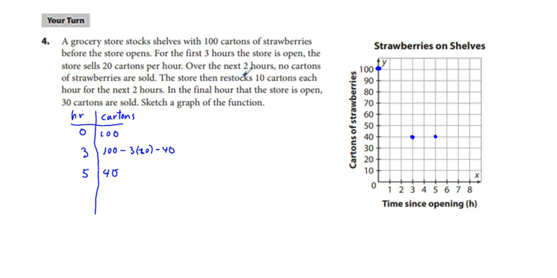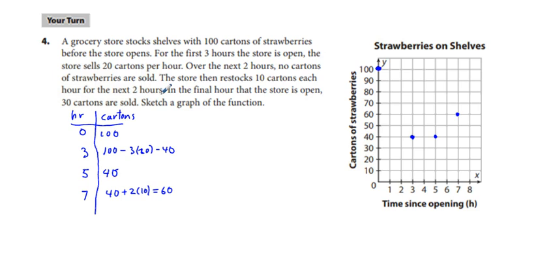The store restocks 10 cartons each hour for the next 2 hours. So that would be the next 2 hours, and it's going to be 40 plus 2 times 10 equals 60. And so over these next 2 hours, that is our restocking.